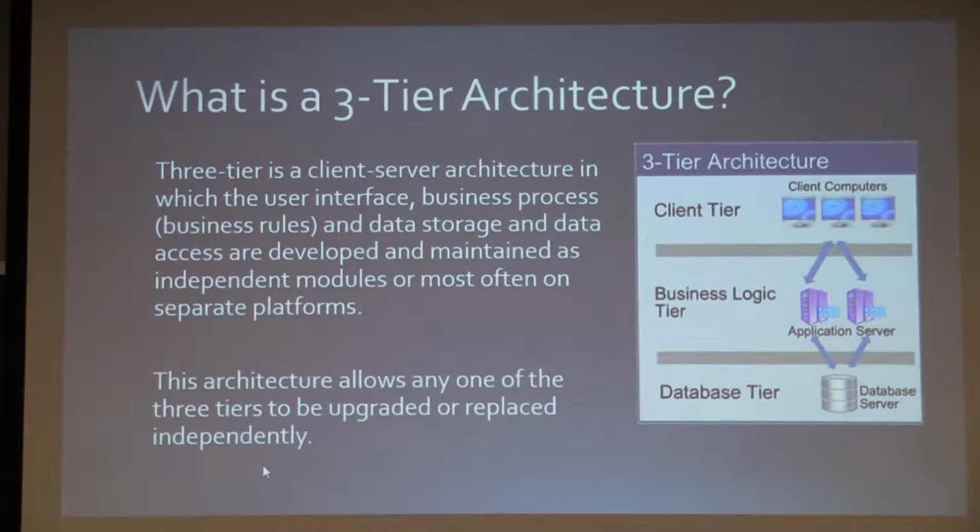Your client tier is going to be your user interface, then your business logic tier is going to be your service, effectively, and then the database tier will be data. This is how we structure them here in CAPS with your MVC project, your service project, and your database.